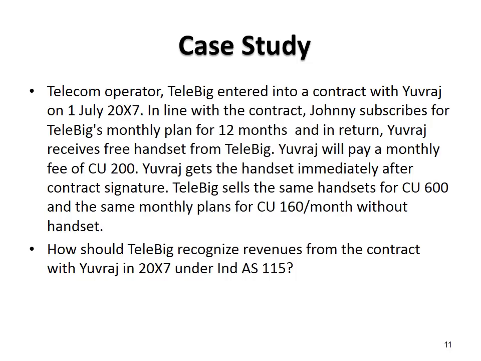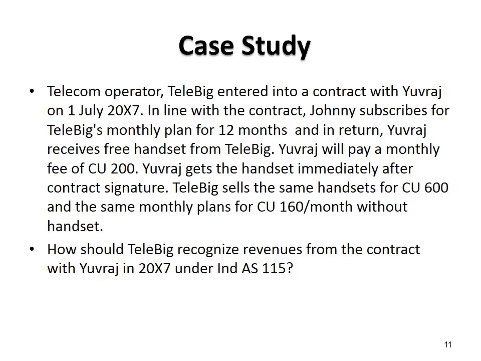Let's take one example and case study to understand how Ind AS 115 is going to make an impact and how to apply these 5 steps in practice. Telecom operator Telebig entered into a contract with Yuvraj on 1st July 2017. In line with the contract, Yuvraj subscribes for Telebig's monthly plan for 12 months, and in return, Yuvraj receives a free handset from Telebig.